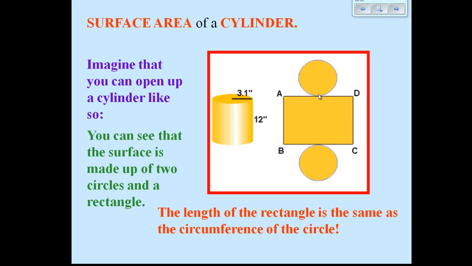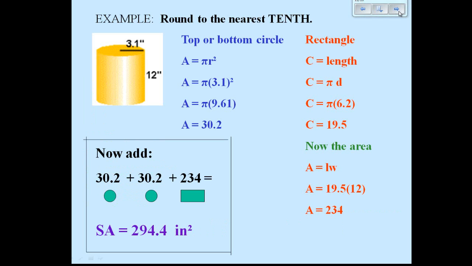So they do not need to give you very much information at all when you're finding the surface area or volume of a cylinder, because this circumference is going to be the length of that. Now this is the height of my can, okay? So this asks us to round to the nearest tenth. There is a formula that I will give to you, the surface area formula.